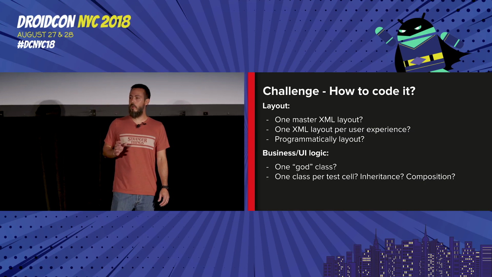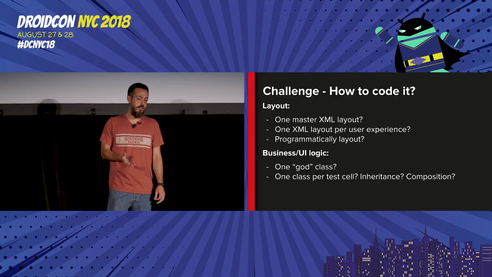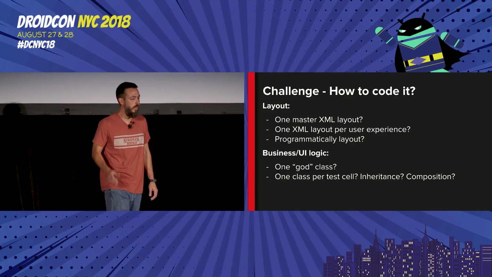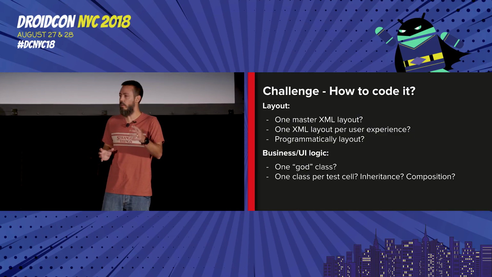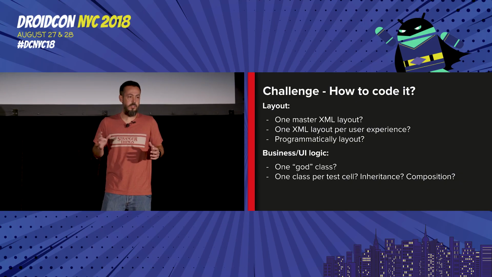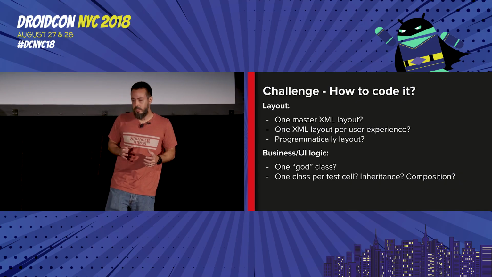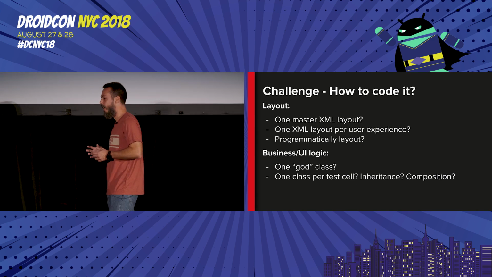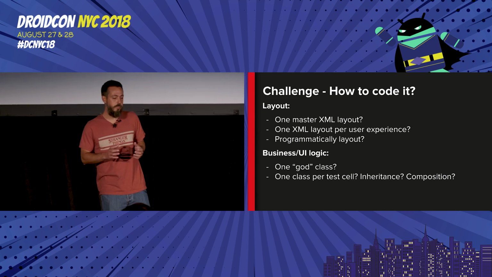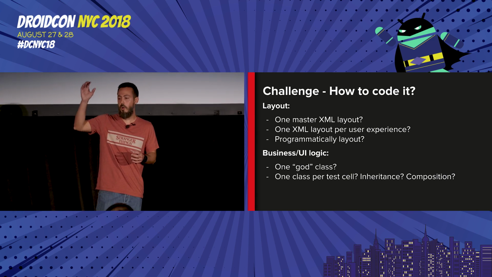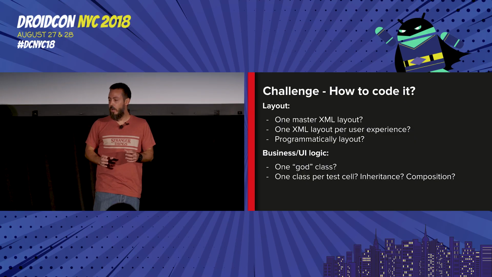So there are some approaches that we can use. The first one, and the simplest one, would be a giant XML layout that has all the permutations of all the UIs in a single one, which is very hard to maintain and to implement. So think about that. If we have the same button in the top and the same button in the bottom, we have to have some code that will deal with that.